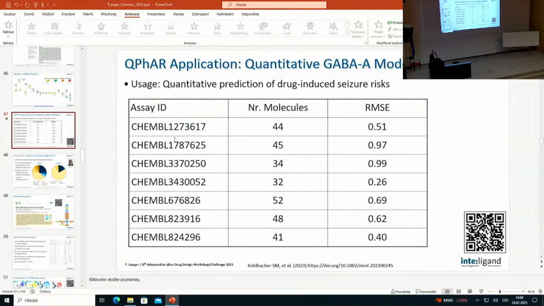So there are some quantitative models in assays in ChEMBL that we used for seeing how well the method works, for quantitative modeling. And these are all models with the GABA-A receptors, I would say so.